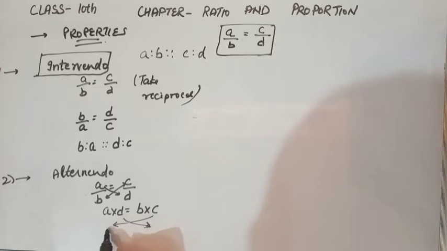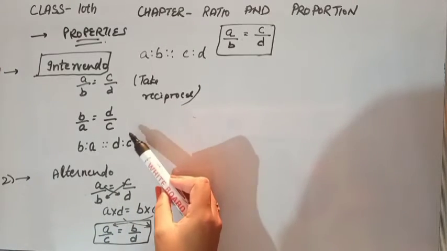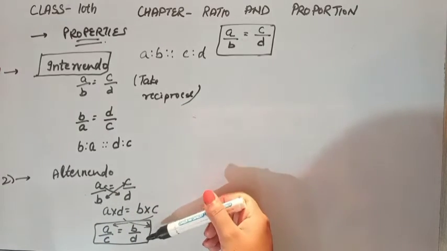Then what will happen? A by C is equal to B by D. We have changed the positions. Firstly, B was here and C was there; now B is over here and C is over here. So first is invertendo, now second is alternendo.